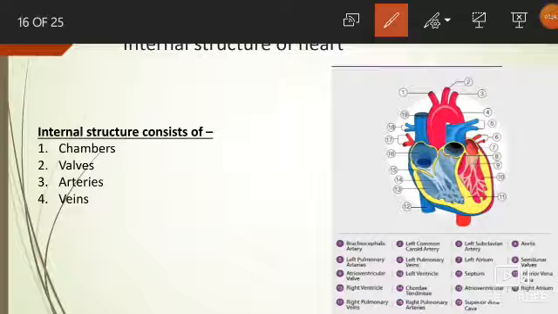So the septum present in between the ventricles, that is in between the right ventricle and left ventricle, is named the interventricular septum. So the septum present in between the right atrium and left atrium is the interatrial septum, and the septum present between the right ventricle and left ventricle is the interventricular septum.